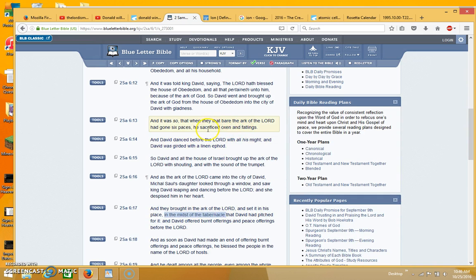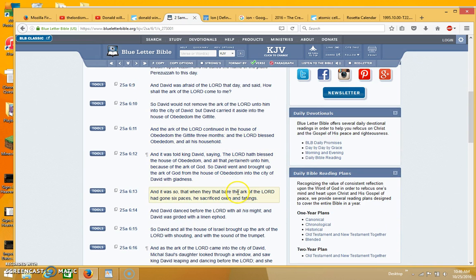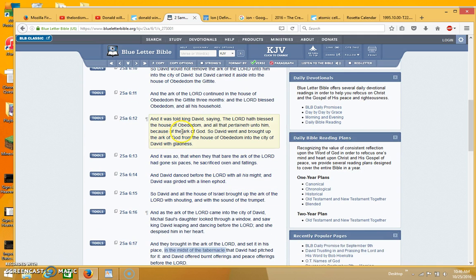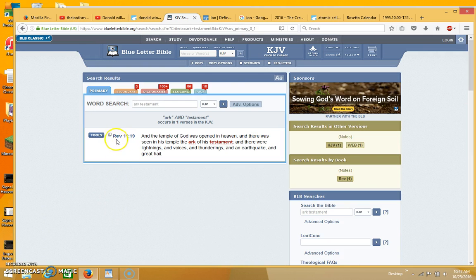He's talking about the Ark of the Covenant, and I remember when I had read this before, I had mentioned where it talks about the Ark of the Covenant in the book of Revelation. That would be in Revelation 11:19. It actually uses the word testament instead of covenant, but they both mean the same thing.